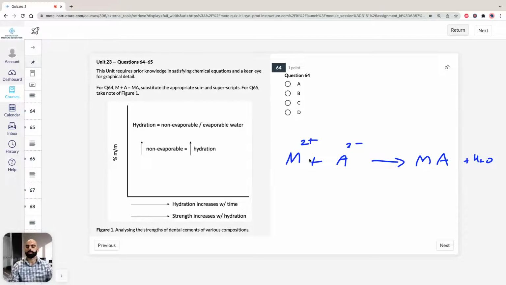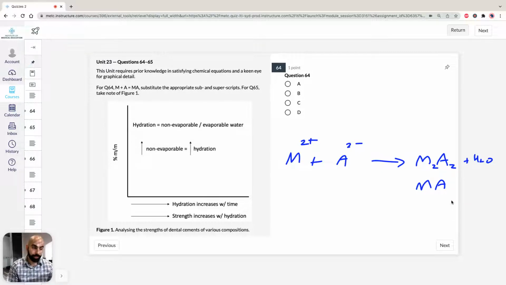You know from simple chemistry, when we're joining two ions together like this, we crisscross, right? So this side's going to get 2, this side's going to get 2. So it's going to be M2A2, and we know that we can just simplify it as MA. So that's one thing to note. So keep that in mind.